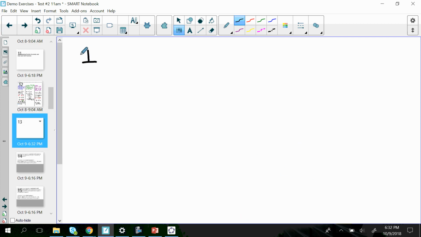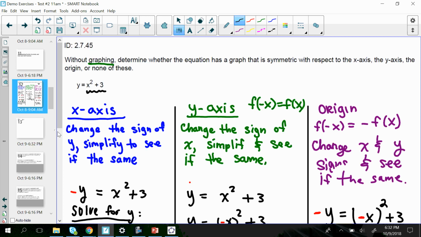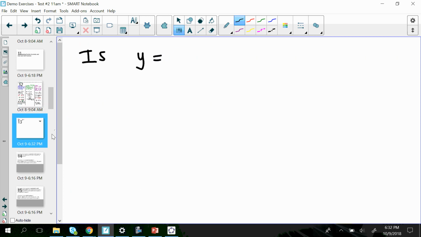So is y equals, what was it, x squared plus something? Let me just double check. x squared plus 3. Is x squared plus 3 an odd function?